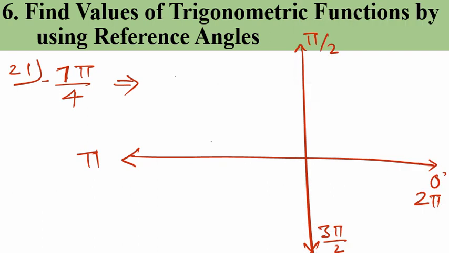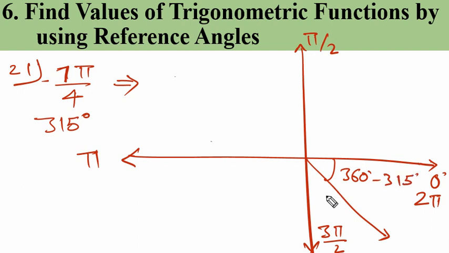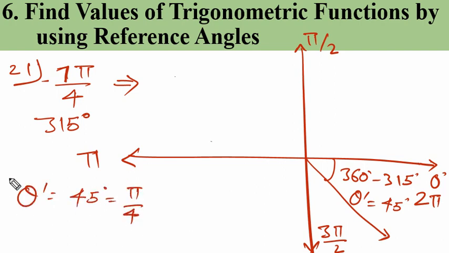Okay, 315 degrees. Now 315 degrees will be where? 315 degrees will be somewhere here, and 360 minus 315 will give you basically 45 degrees, and 45 degrees is nothing but pi over 4.